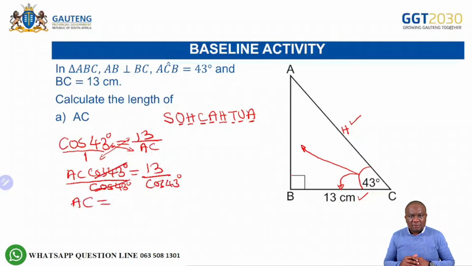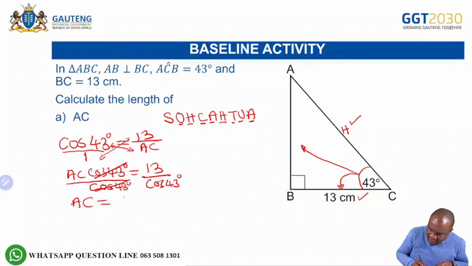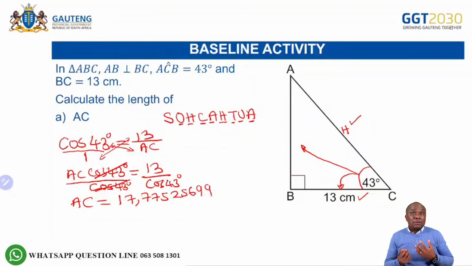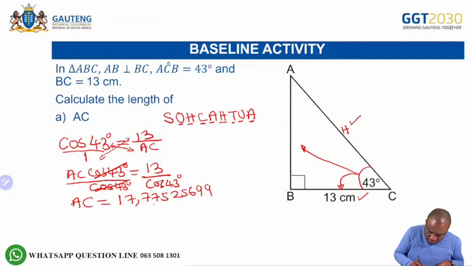Let's enter that in the calculator. What do we get? We get that AC is equal to 17.7525699. Our answers we round off to 2 decimal places. So this 7 will change and become 8 because of this 5 here.